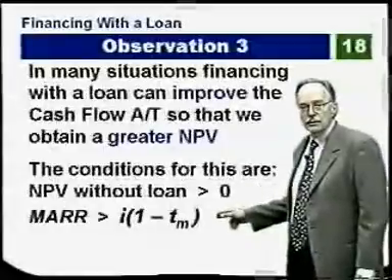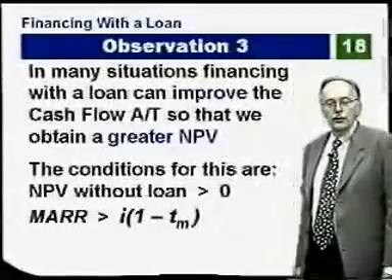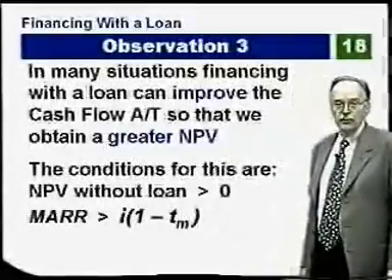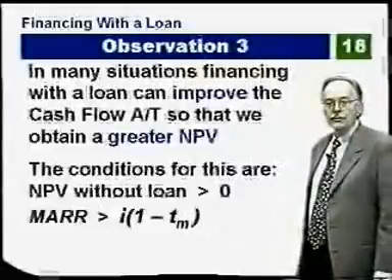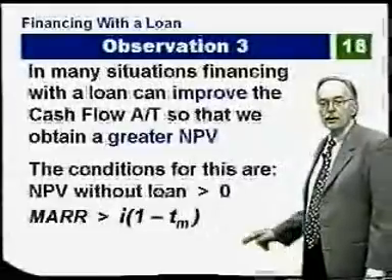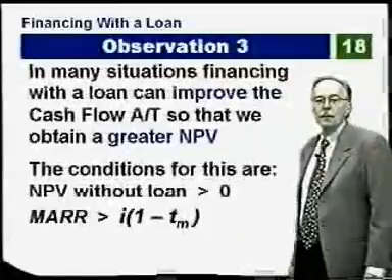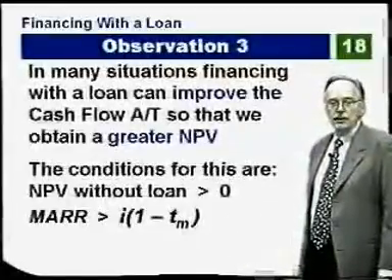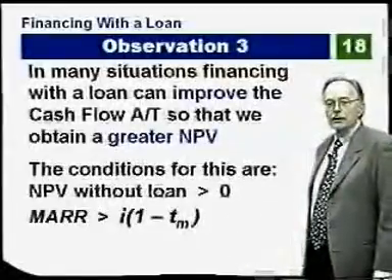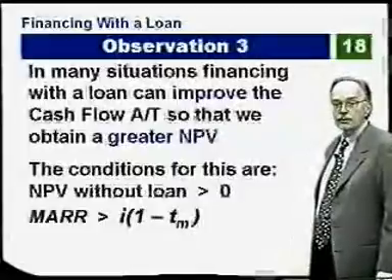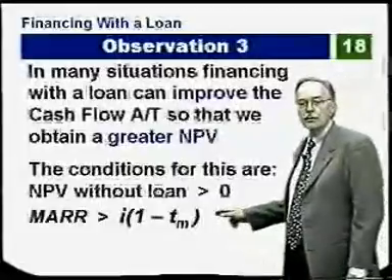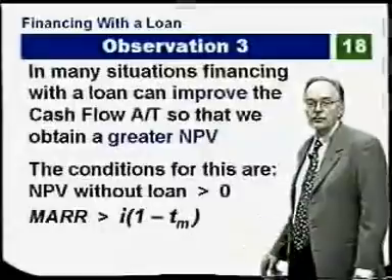And the other situation is that the discount rate that we're using, in our example we're using 15%, must be larger than the interest rate for the loan adjusted by the marginal tax rate. Our marginal tax rate is 39% in this example. So the effective after-tax cost of the loan would be 12% times 1 minus the 39%.